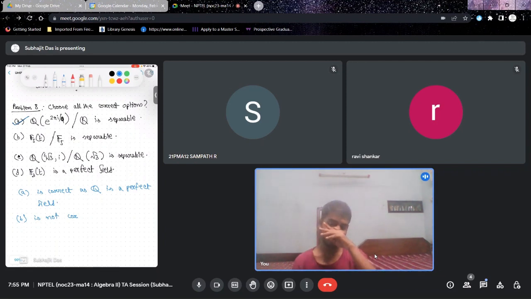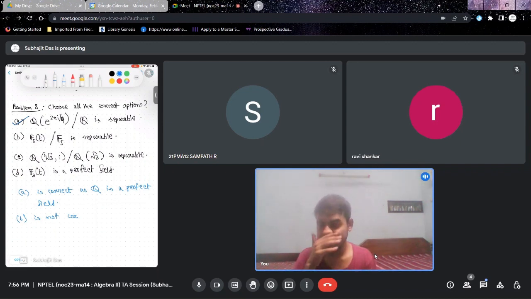Now if you take a field and an extension of the field, and an element in the extension, then that element is said to be separable over the base field if it is algebraic over the base field and its minimal polynomial over the base field is a separable polynomial. And finally you define an extension to be separable if and only if every element in the extension is separable over the base field, right?